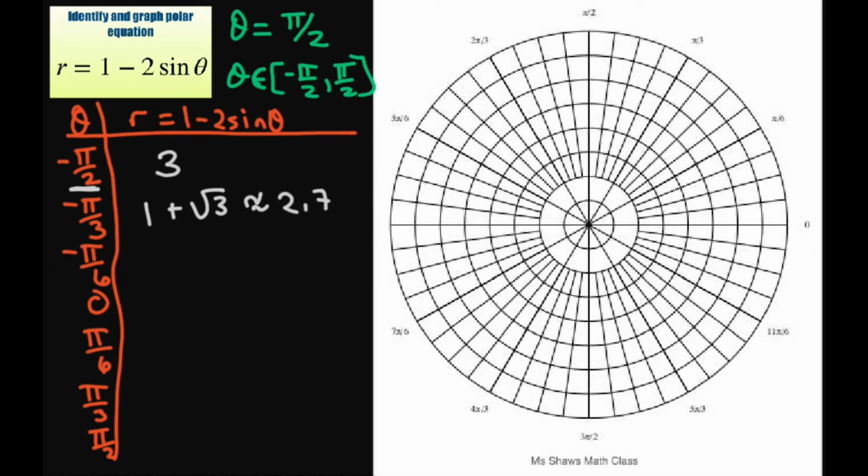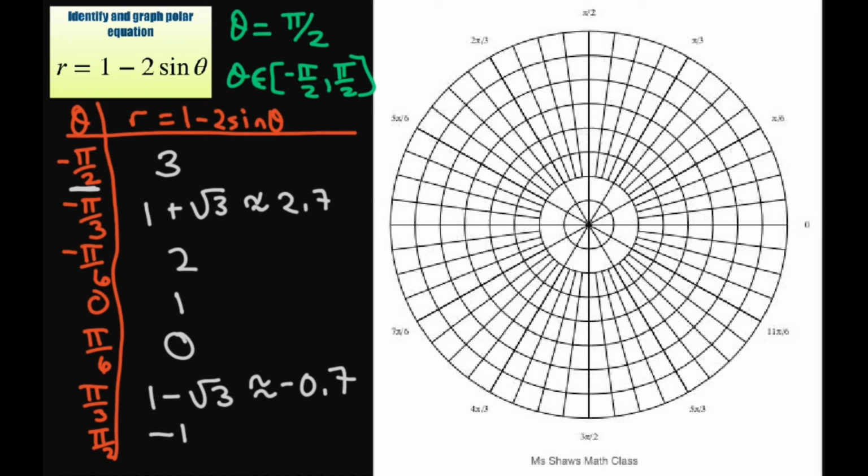At negative pi divided by 6, we get 2. At 0, we get 1. At pi divided by 6, we're at 0. At pi divided by 3, we get 1 minus square root of 3, which is approximately negative 0.7. And at pi divided by 2, we're at negative 1.